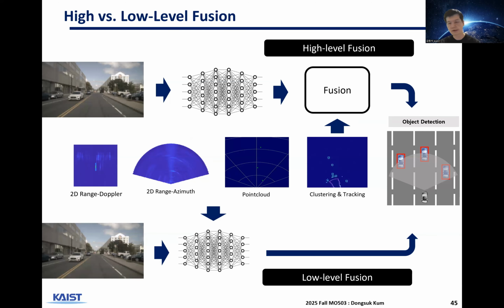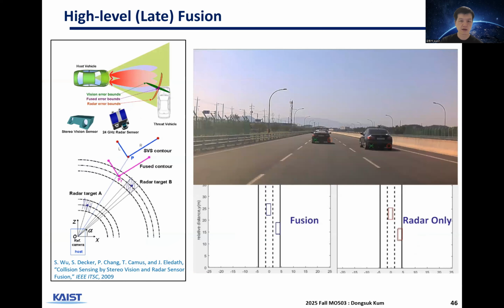There was no fusion work like that back then. One of the high-level fusion works we did was this. We used radar detection results for the radial information, but for the lateral information we used part detection.